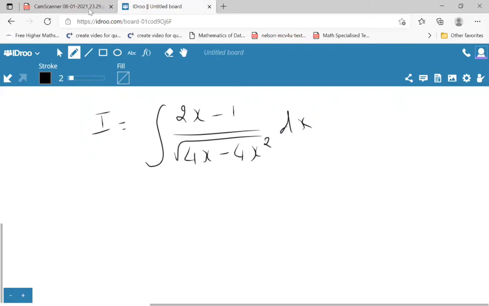Now, same way, we'll have to analyze how we can do this. What we can do is, if I take 4x outside, that will give you integration of 2x minus 1.